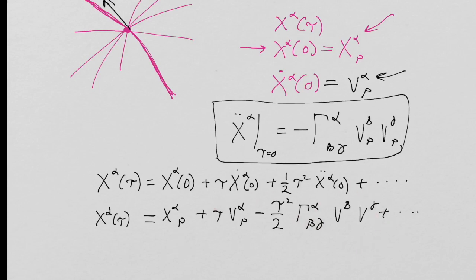So all this is known. Everything is known. And I guess, by the way, just to add a little focus on this guy, when I write x dot alpha of 0 equals v alpha at the point P, that's my initial conditions, this is a vector, right? So this is the components of a vector. If I was to make it a real vector, I would be putting this partial alpha there because this is clearly intended to be a vector in the coordinate basis because I've given it this index.